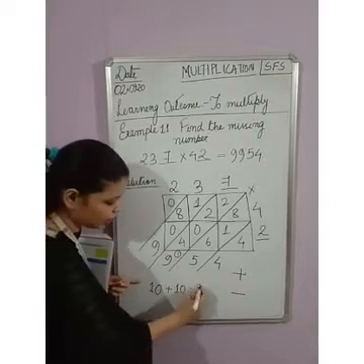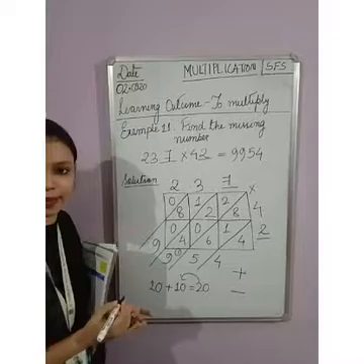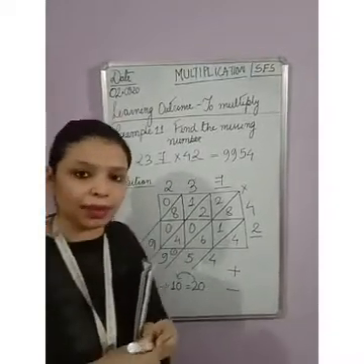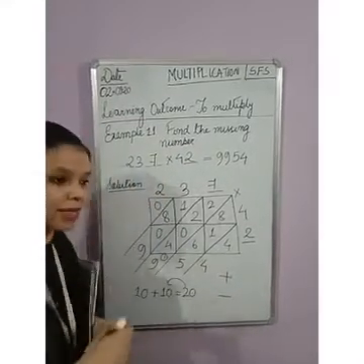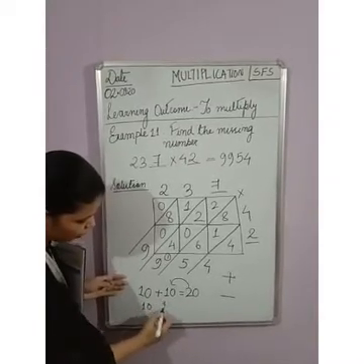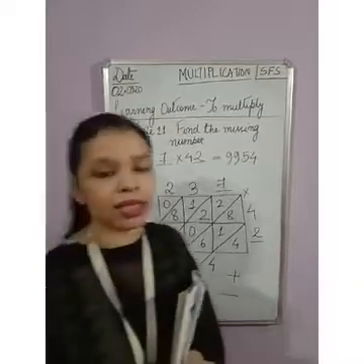What is the answer we are getting? 20. Now this 20 is twice of 10, 2 times 10. So when we add a number to the same number, the answer becomes twice the number. On the other hand, when we subtract the same number, the answer becomes 0. It is reduced and it becomes 0.